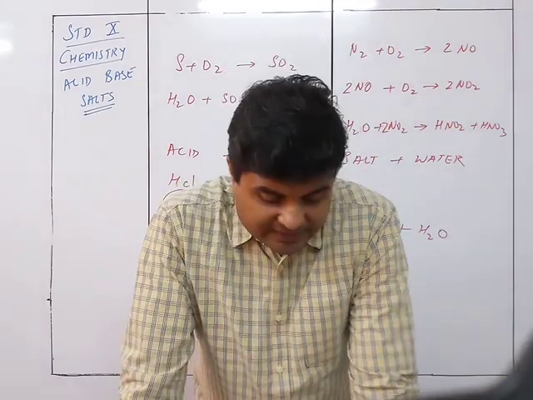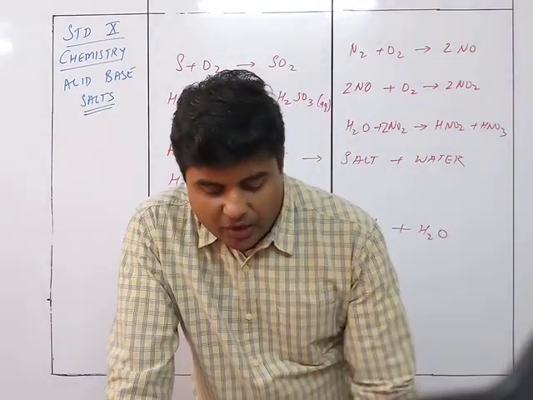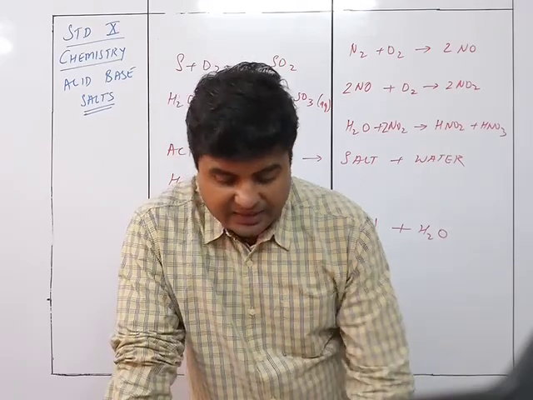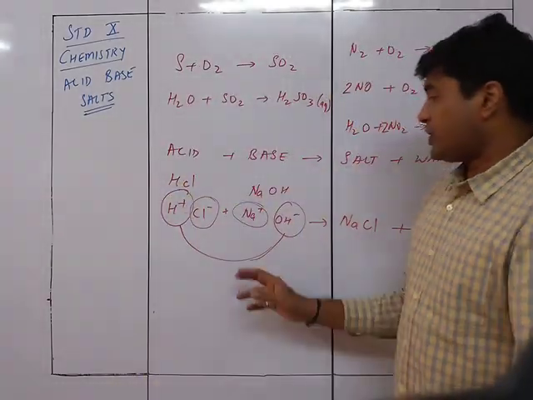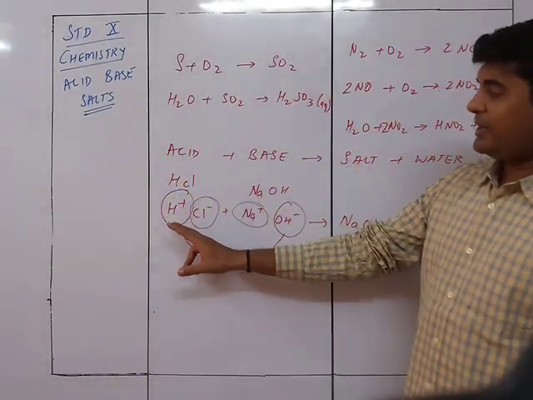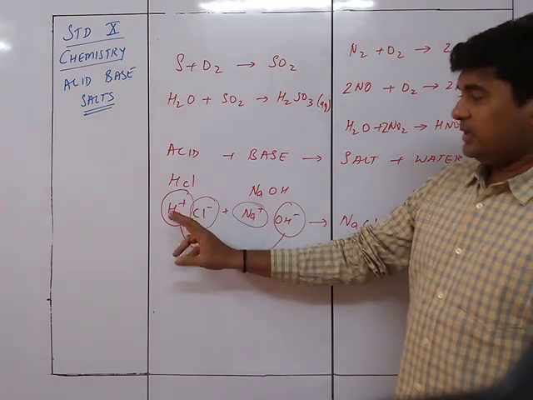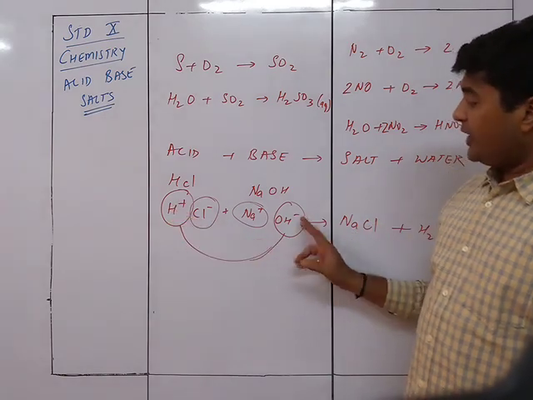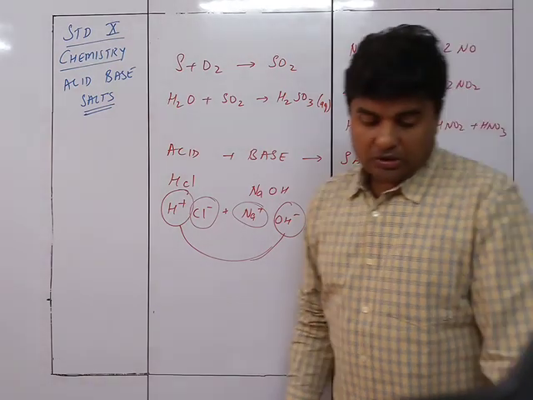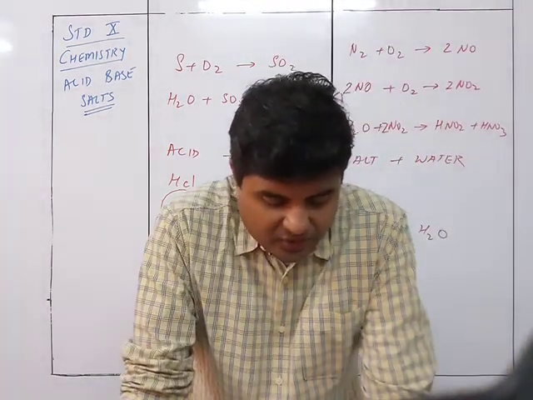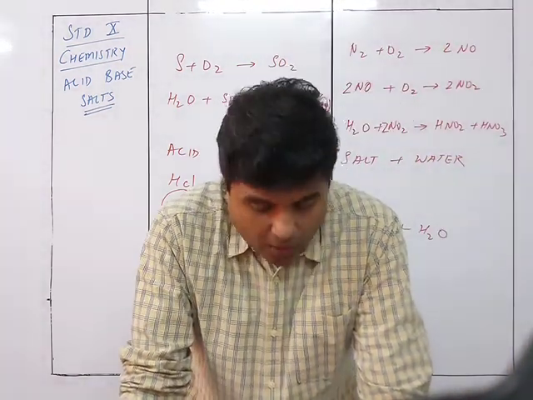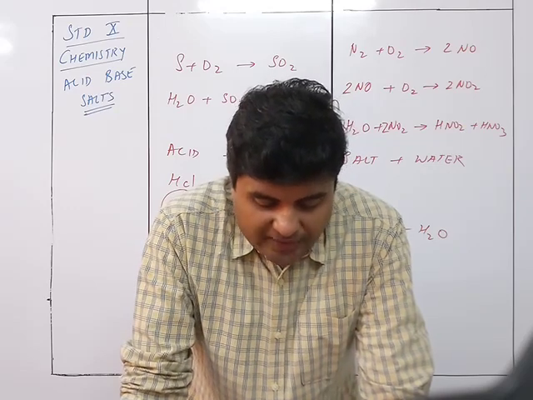So during neutralization, the hydrogen ion or proton from the acid is neutralized by the hydroxide ion. The H plus ion of the acid is getting neutralized by the OH minus ion of the base, to form water, a water molecule H2O.